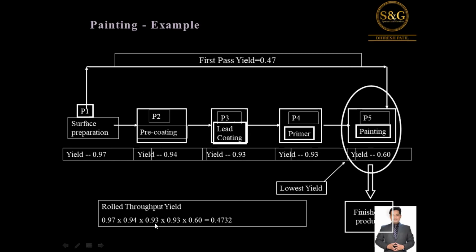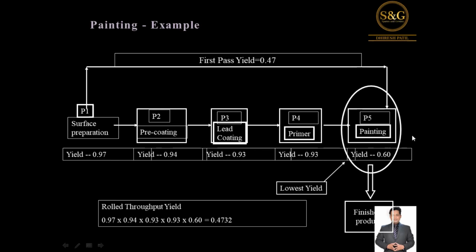When we multiply all of this, we get 0.4732, which means when we put in 100 pieces, we only get 47 pieces out in the first time right manner, which is called rolled throughput yield. Now when we want to improve the efficiency of the cycle, we attack the lowest yield process, which is painting.